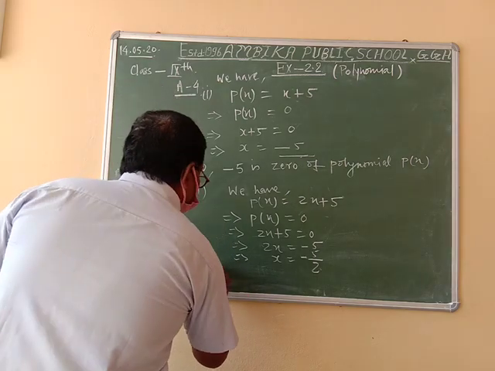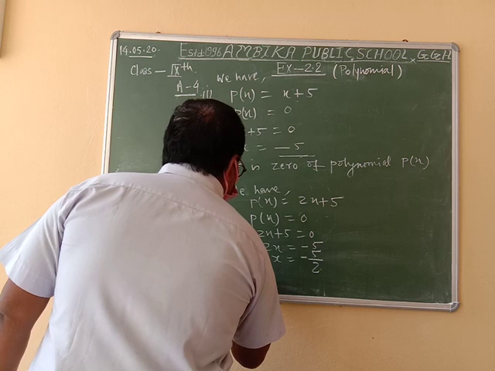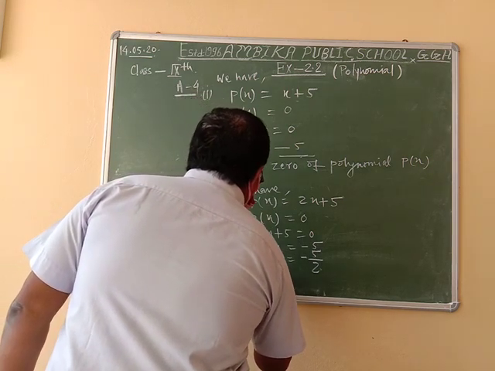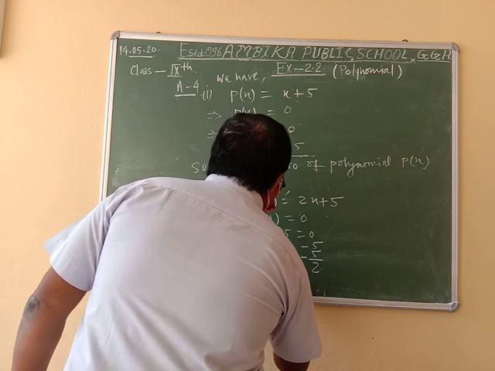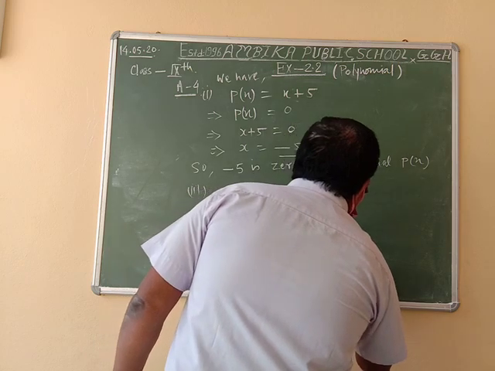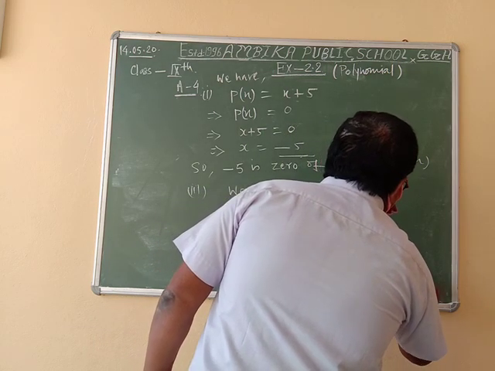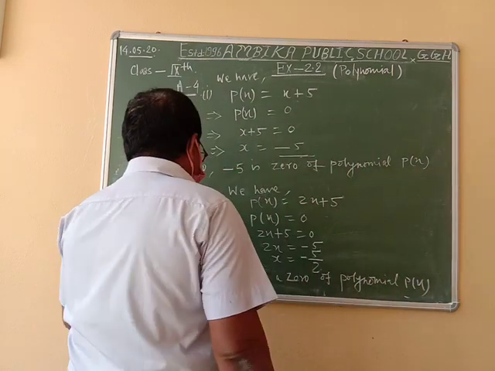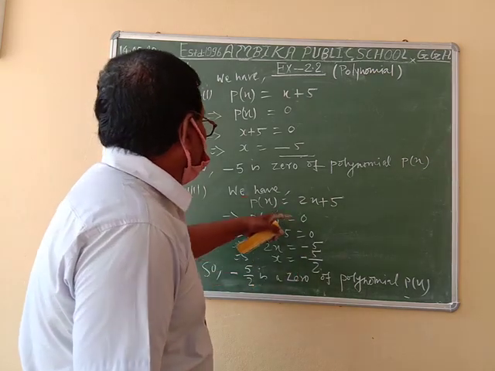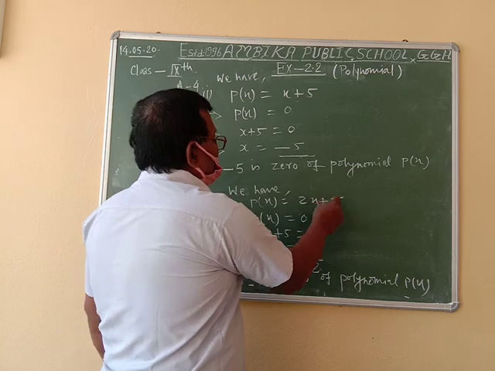So minus 5 by 2 is a zero of polynomial p(x), because if we put the value of x in p(x), the result is 0.